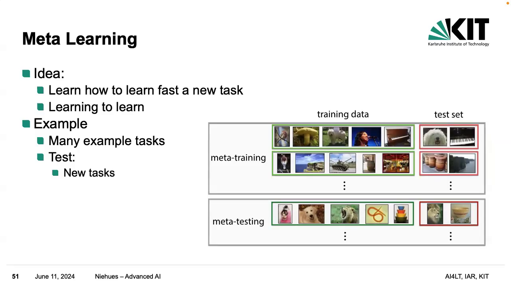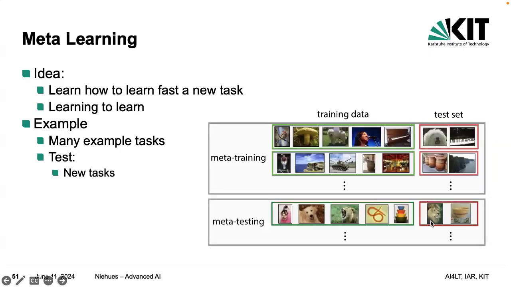So you have your meta training data, which consists of a task consisting of training data and test data, and again training data and test data. And then you have your testing data, which again has some small amount of train data to learn the new task, and then you have your test data.